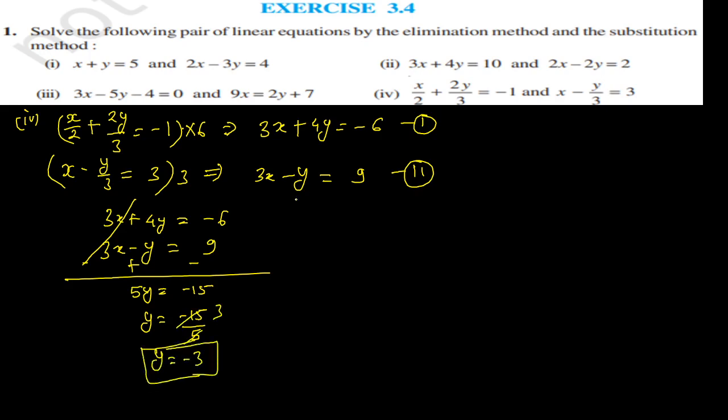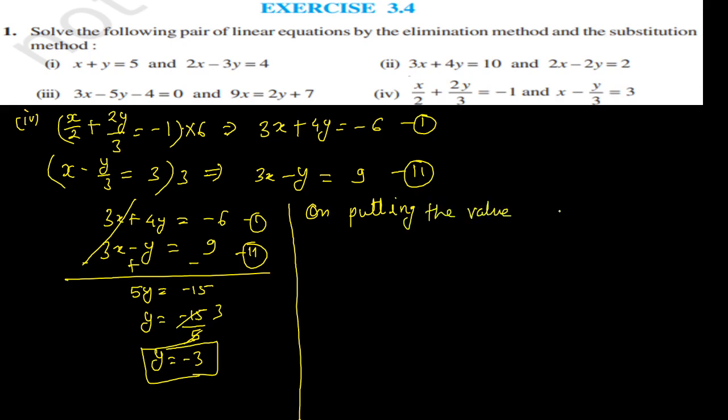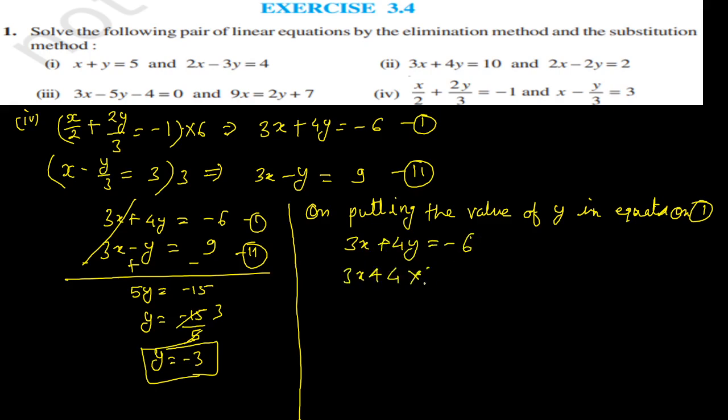On putting y is equal to minus 3 in any of the equations, this is your first equation, this is your second equation. On putting the value of y in equation 1. So what is our equation 1? 3x plus 4y is equal to minus 6. So in place of y, we write 4 into minus 3 is equal to minus 6.